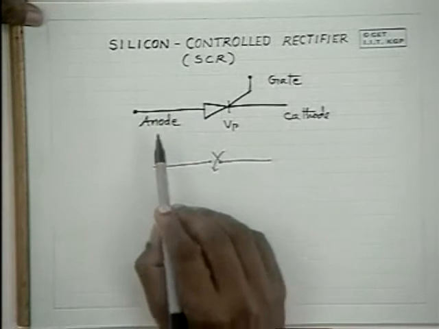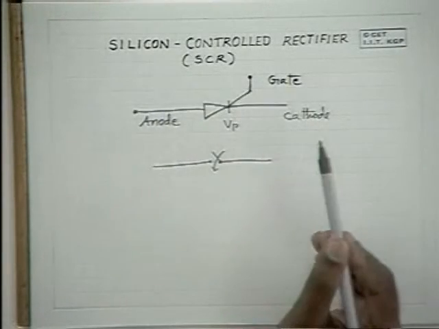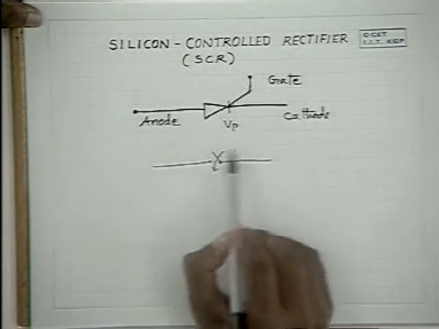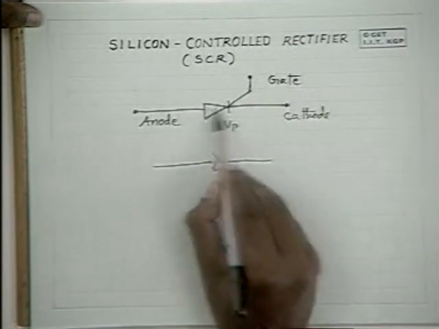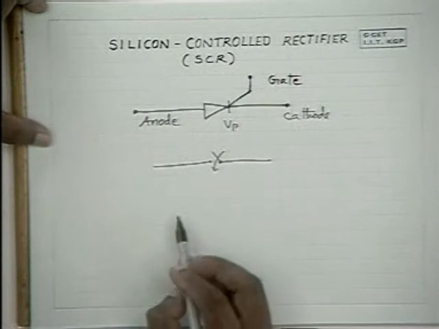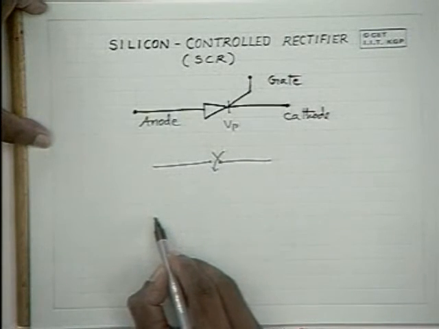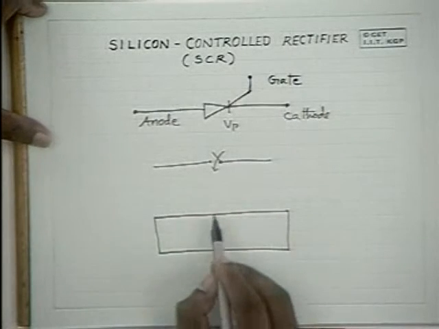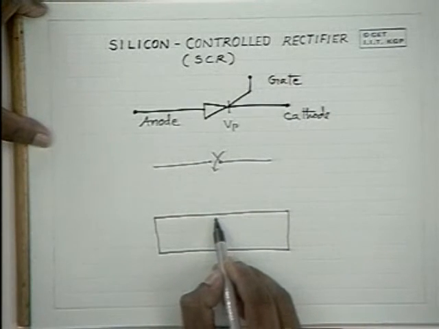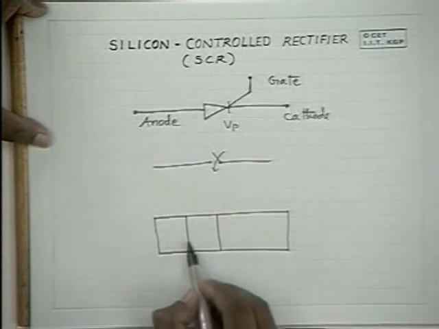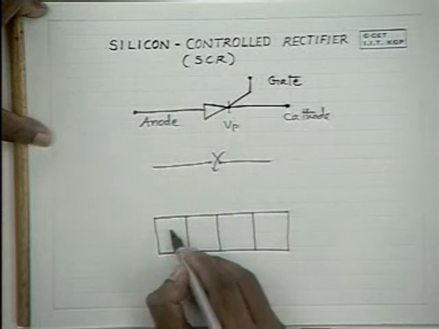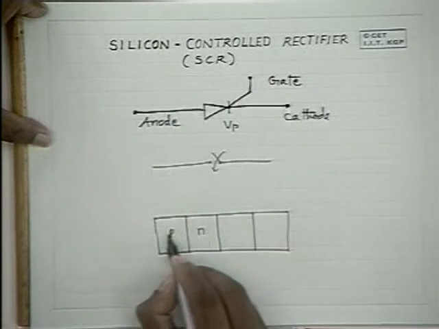So that's how an SCR functions, and the circuit symbol for an SCR is as given here, and the construction is as given here. It is a PNPN junction device with 3 junctions basically. This is one junction, a PN junction.